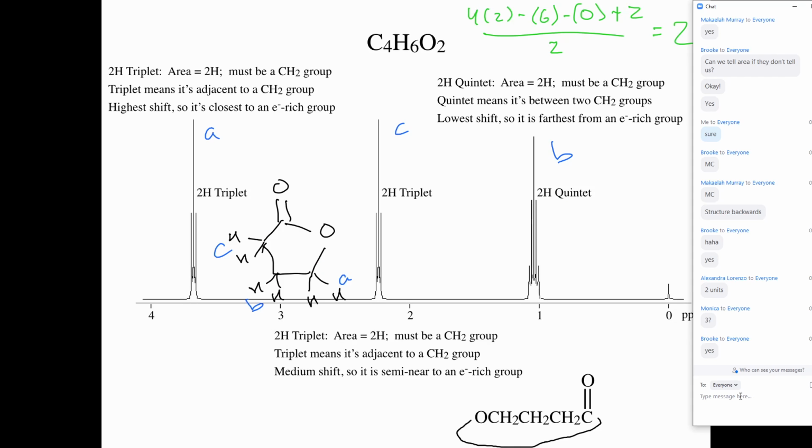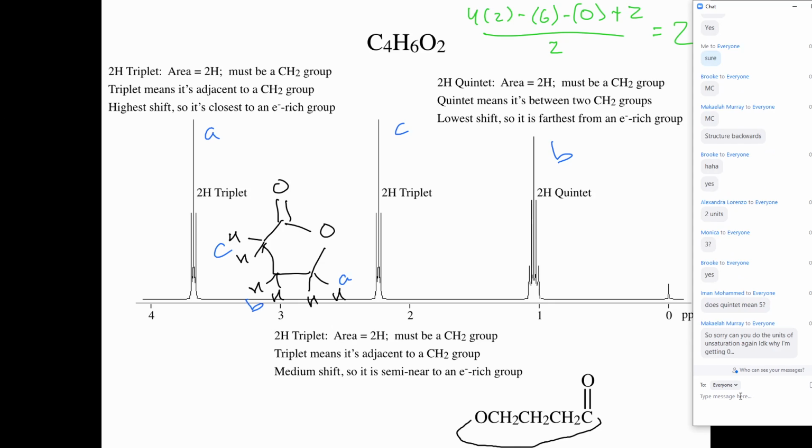But again, your goal, look at this other way. So this is how I would do it in school. Quintet means 5, so 5 minus 1 is 4. For units of unsaturation, again, consider the following. How many bonds does the atom make, minus 2, because that's what you need bare minimum to keep the chain going. So carbon makes 4 bonds total, 2 minimum. So for every carbon, there's 2 extra bonds or bonding electrons available.